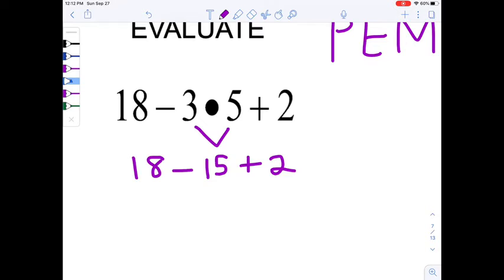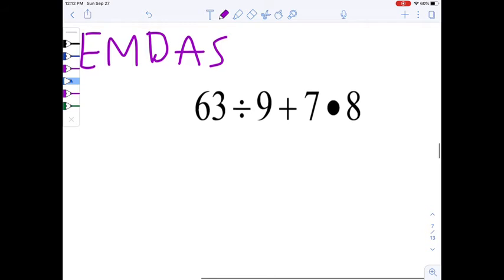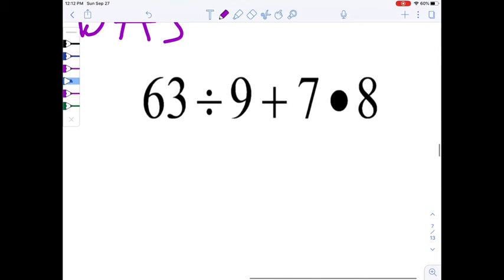So now I have both subtraction and addition. Whenever I have both subtraction and addition or multiplication and division, I work left to right. So I'm going to do the subtraction first. 18 minus 15 leaves me with 3. And then I have plus 2. 3 plus 2 is 5. Circle or box your answer.